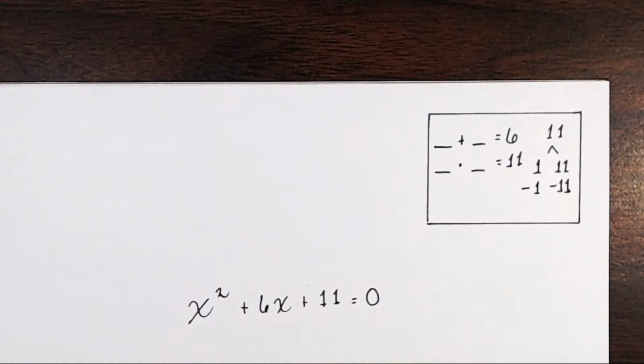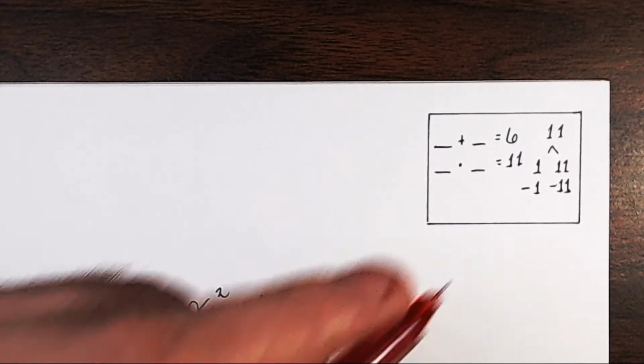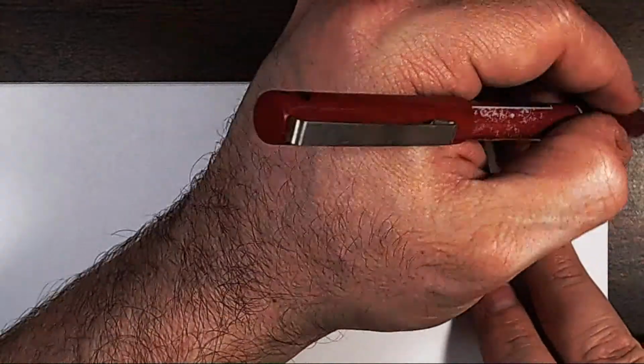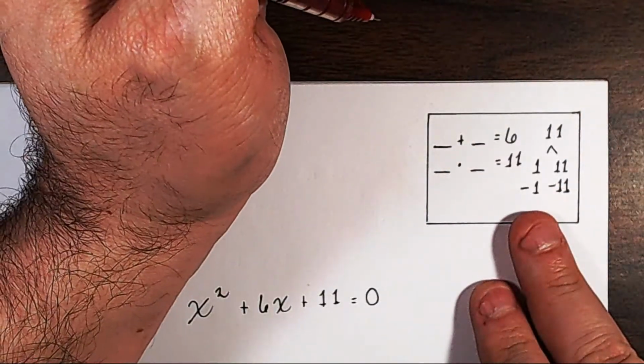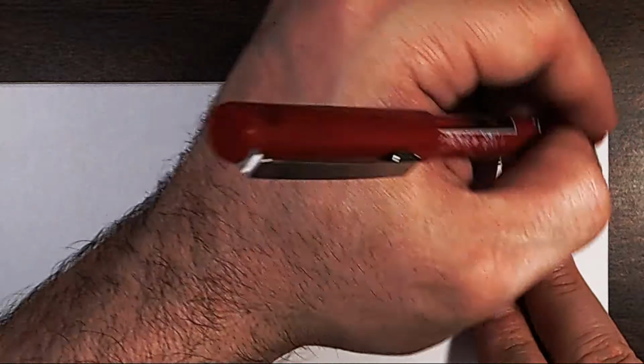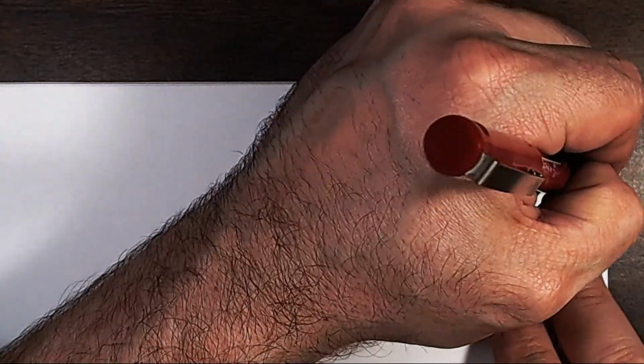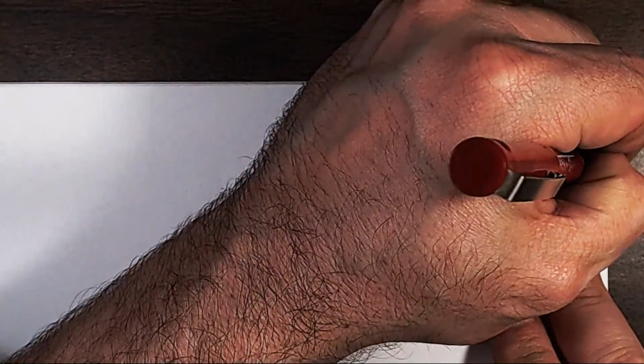Okay. Unfortunately, neither of these factor pairs help us at all, because while they both multiply together to be 11, when we add them together, you get 12 for the first pair and negative 12 for the second pair.